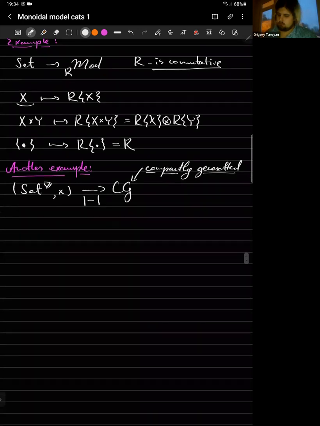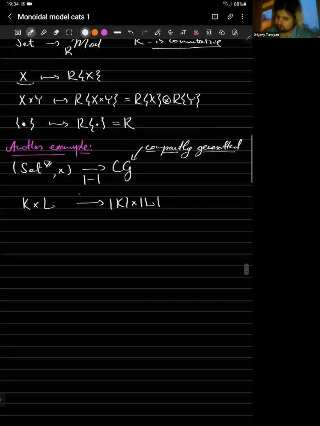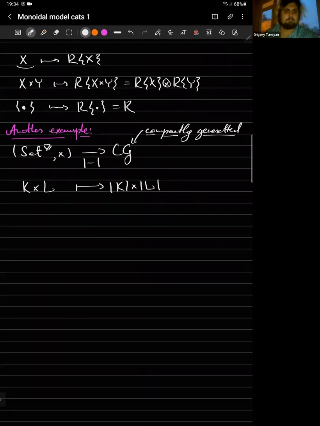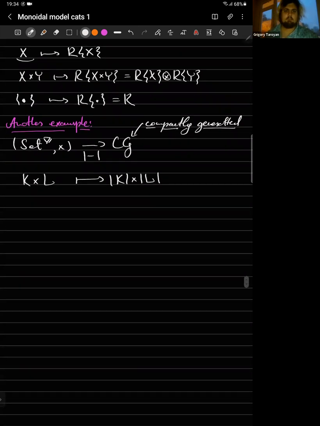Then, of course, if we have a product of two simplicial sets, it goes to the product of realizations. So no surprises here.